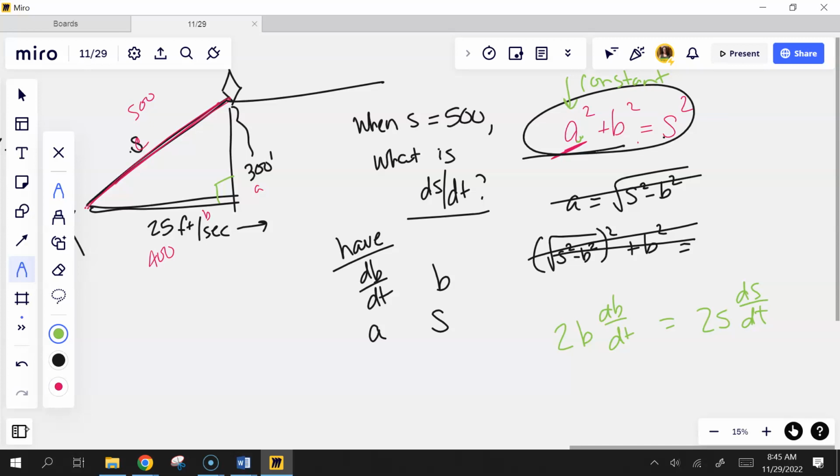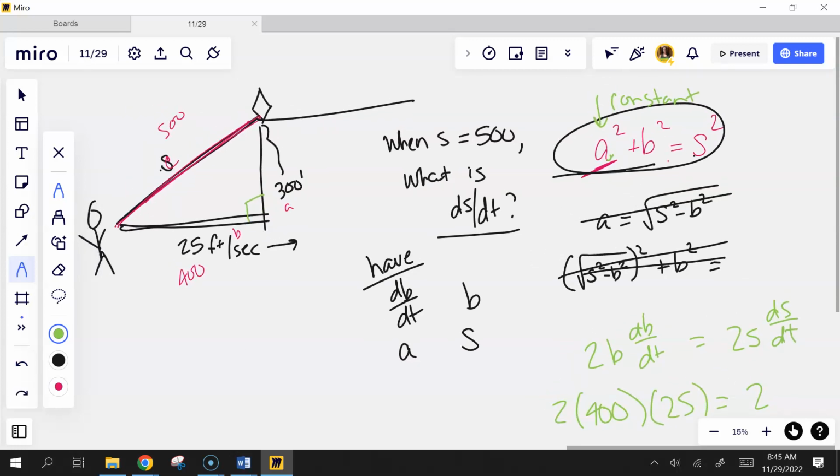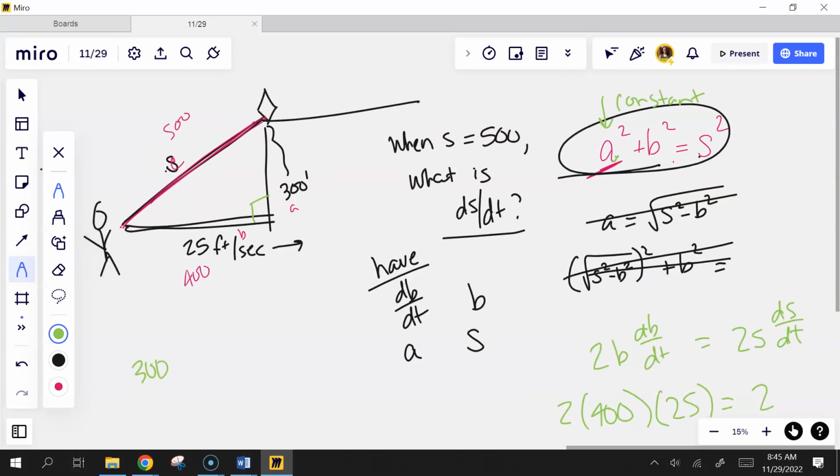So B is 400, so 2 times 400. That was supposed to be the hard part of the problem, knowing to find it to be 400. dB/dt we have, yes ma'am. Pythagorean theorem, so 300 squared plus b squared equals 500 squared.